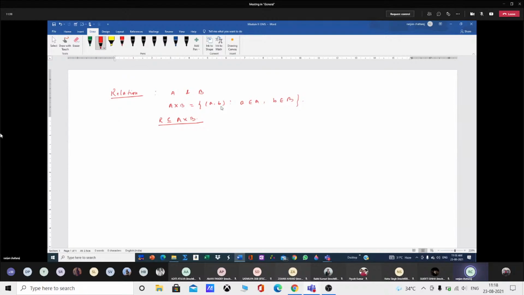Practically, when we study databases, we have more than two sets, like your name, your roll number, what is your CGPA, what minors you have taken, what majors you have taken.